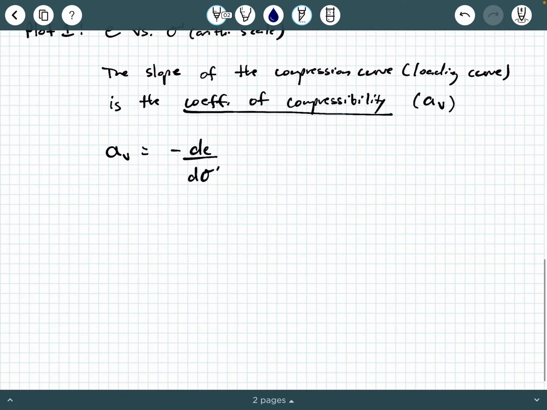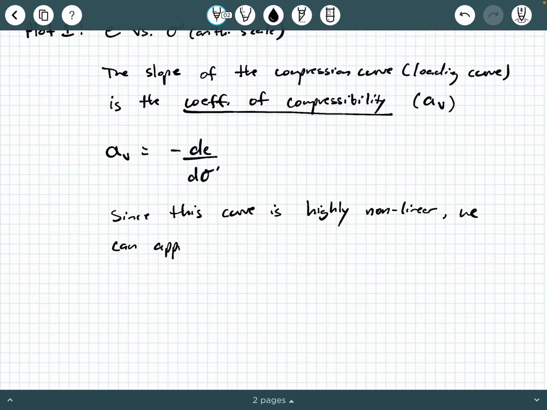We're going to say, since this curve is highly non-linear, we can approximate a sub v over small pressure increments.